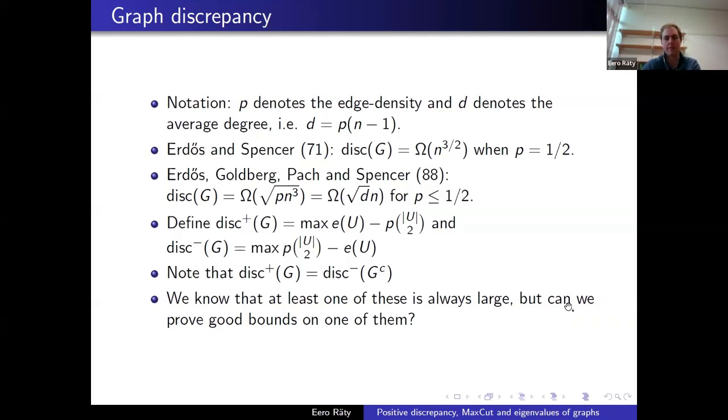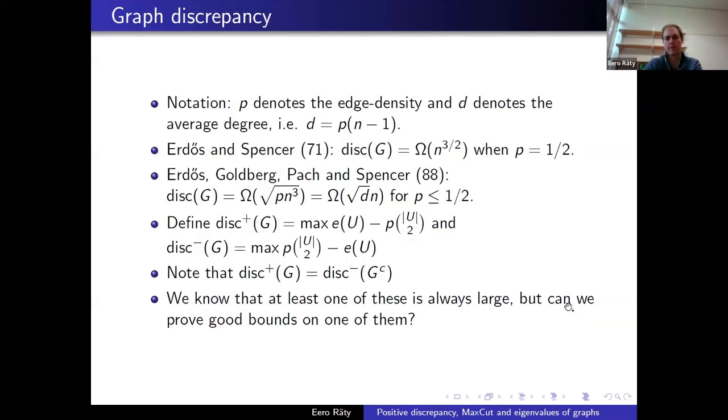For graphs, the first result was proved by Erdős and Spencer in '71, who proved that this discrepancy is at most n to the 3/2 when the graph has density half. That was later extended by Erdős, Goldberg, Pach, and Spencer to sparser graphs as well, so that the discrepancy always grows like root d times n.